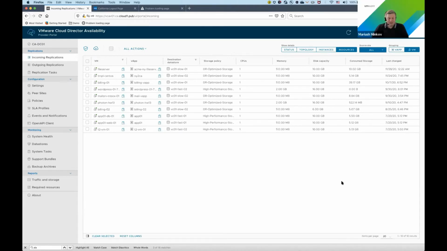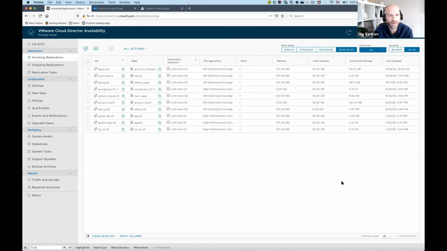But we still need to keep in mind that at the time of failover, the replications have already been done, and whatever space has been used by the replica data has already been used. So the requirement for the available storage is exactly matching the disk capacity that is going to be provisioned.